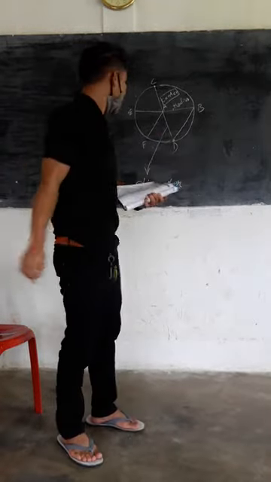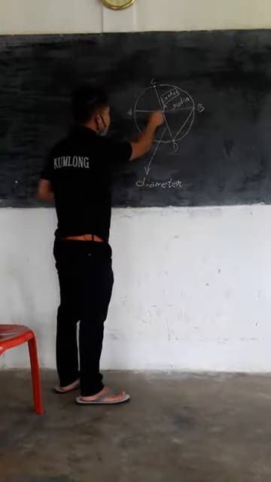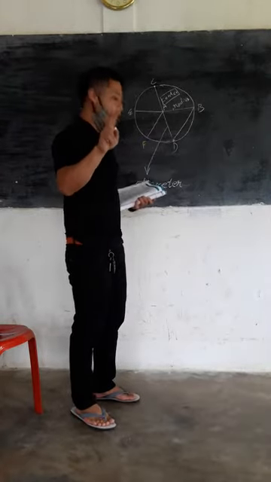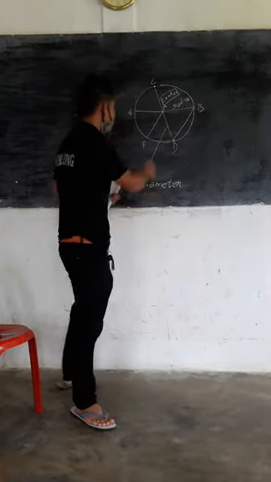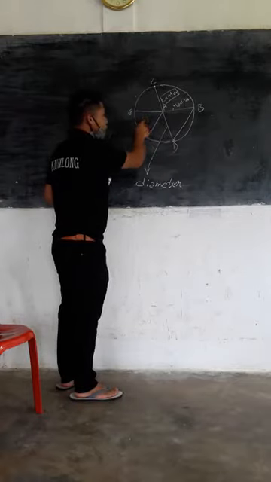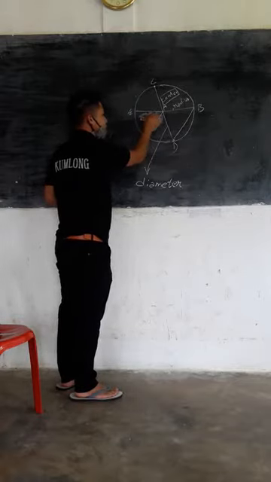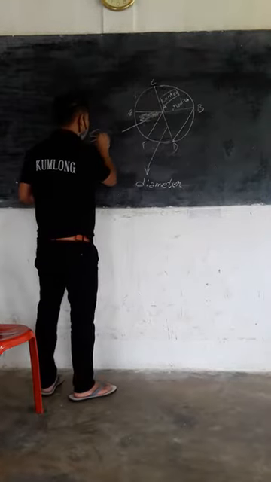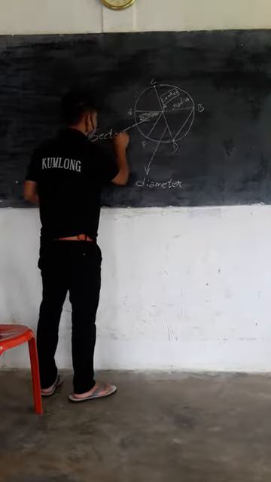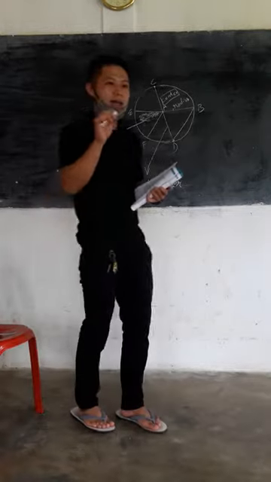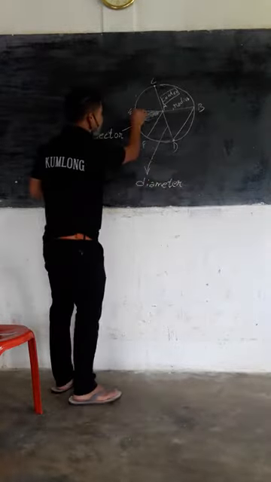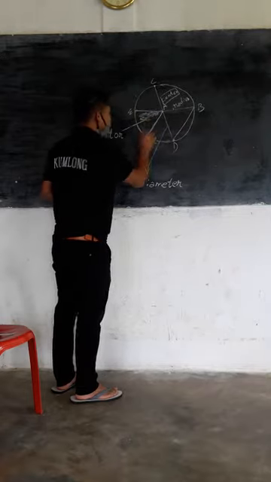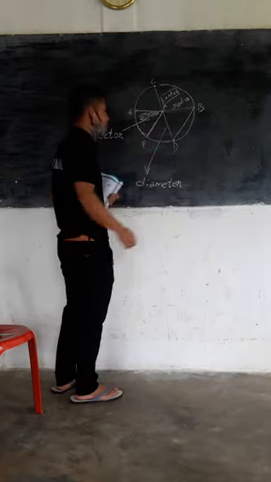Next up, this from E A F is known as sector. A, E and F. This is known as arc.